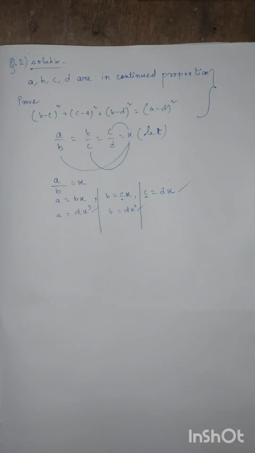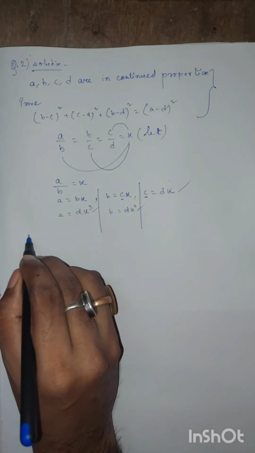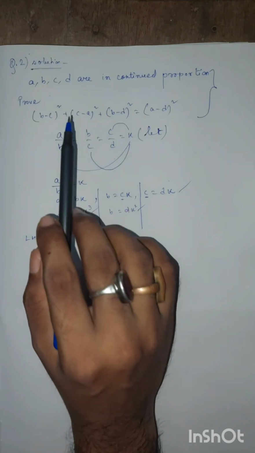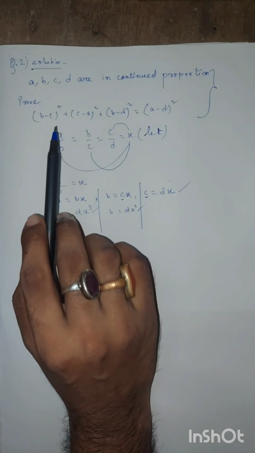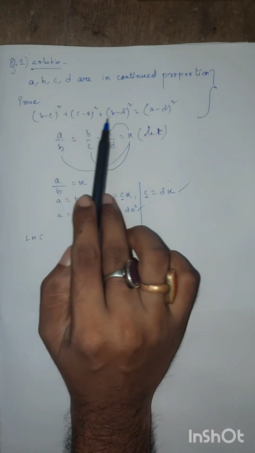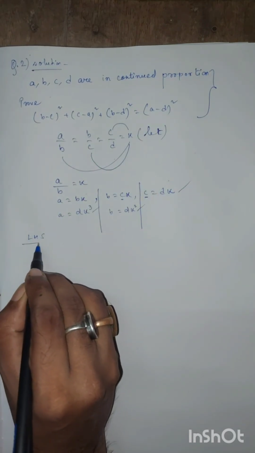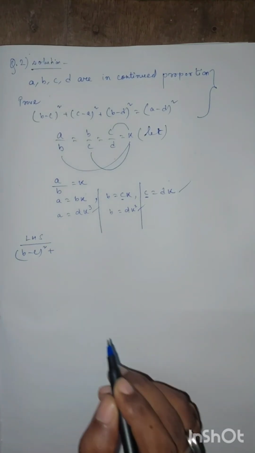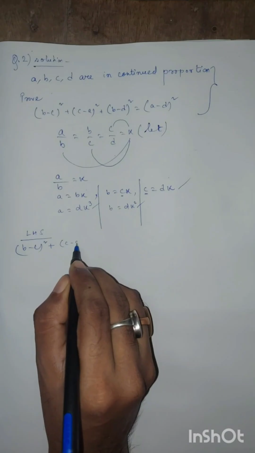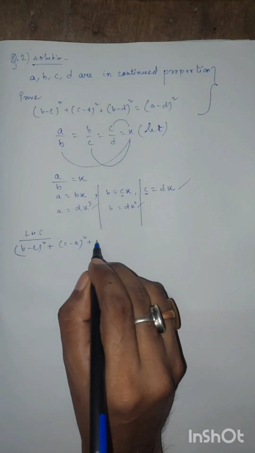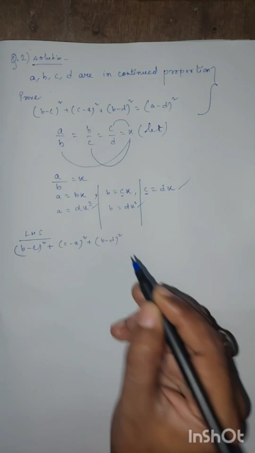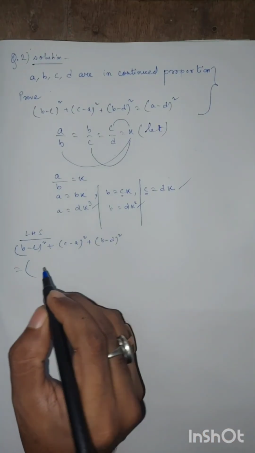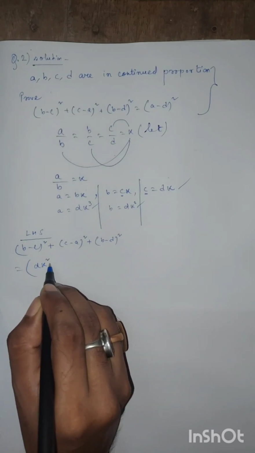Now friends, let us write the LHS of this equation. So LHS equal to, in place of B we can write dk square.